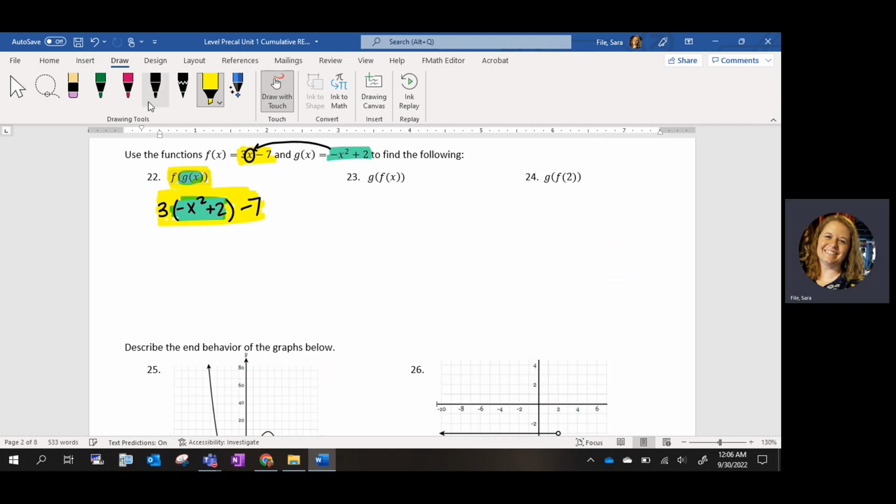Okay, now I need to simplify. So nothing to do inside, so I can distribute. So I've got -3x squared, and then that would be +6. Then I've got the -7. I can combine like terms, both constants. So this is -3x squared minus 1.